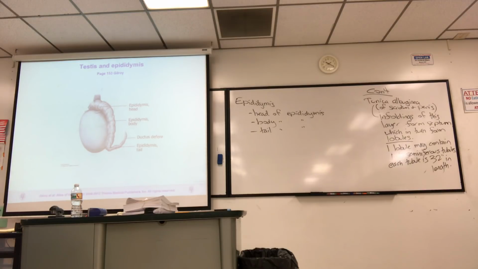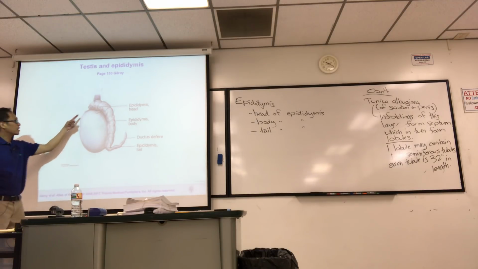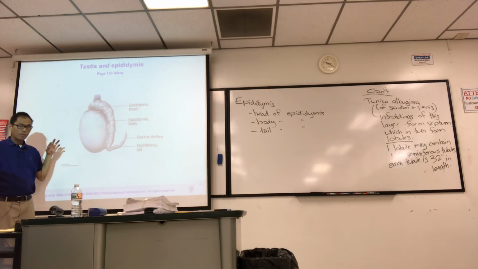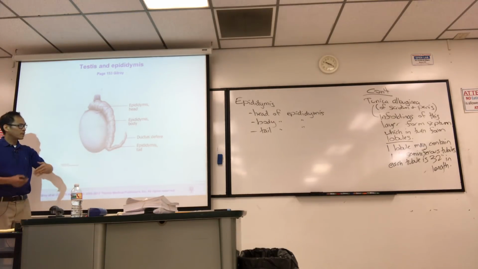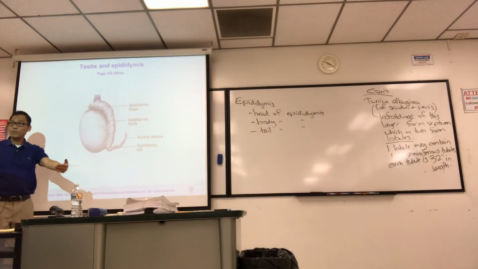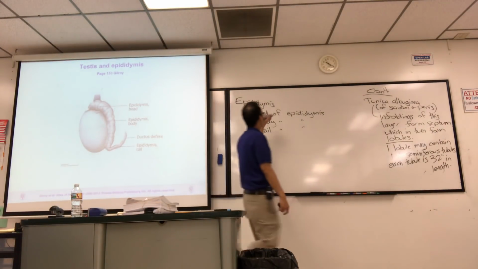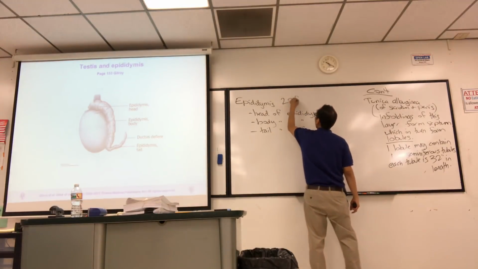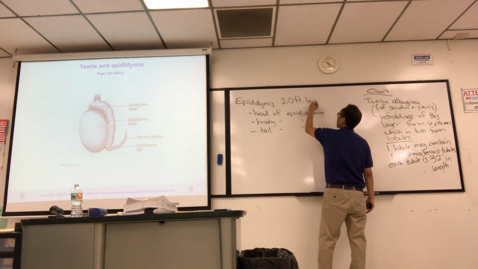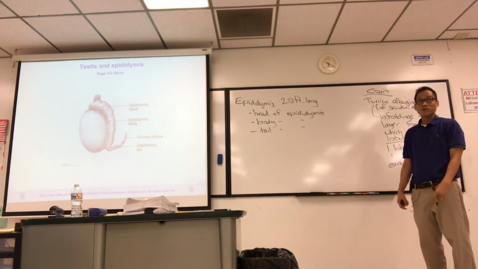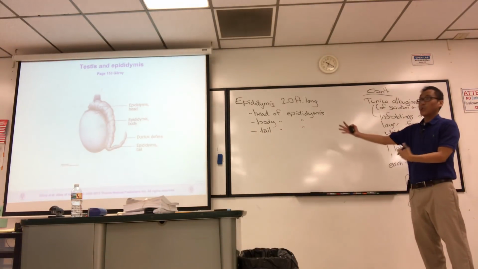Now it's hard to see, but it has a covering. If you were to dissect it, there's a highly convoluted tube. And if you were to stretch it out, I've read that the epididymis can be about 20 feet in length. That's pretty long.